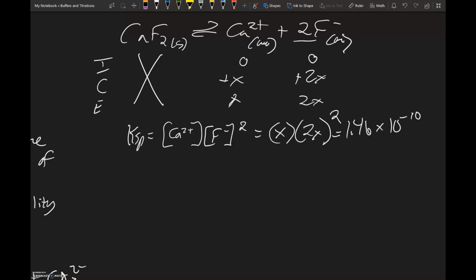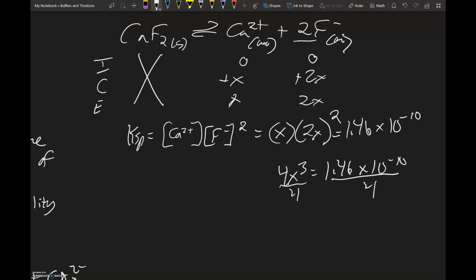So we're going to solve for x here. So it's going to be 4x cubed is equal to 1.46 times 10 to the minus 10.